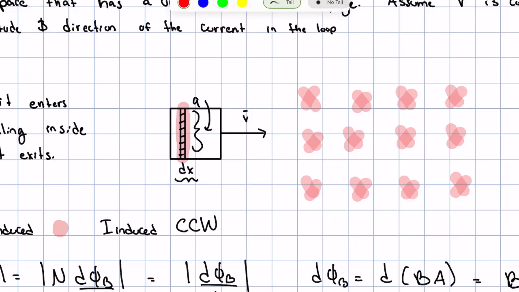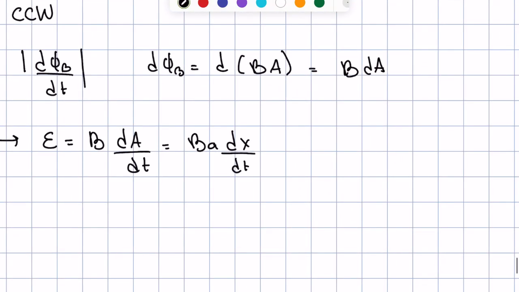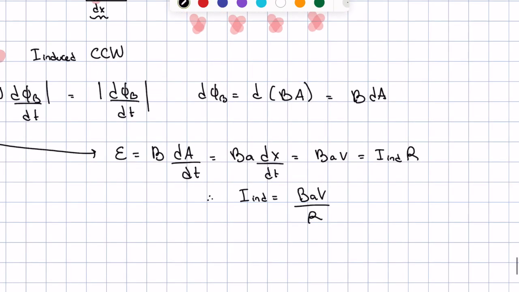A certain amount of this rectangle is passing into this region at any given moment in time. So we're going to write that out as B times A times dx over dt. dx over dt is just the velocity, so the induced EMF is equal to B times A times V, and that is equal to I induced times the resistance. Therefore, the induced current is equal to B times A times V divided by R for A.